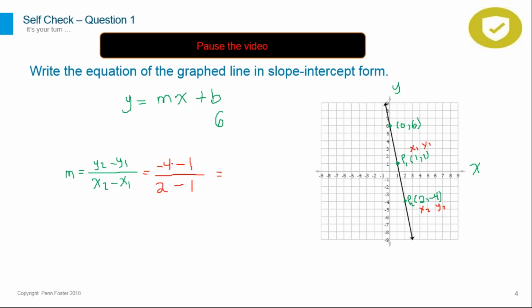Subtract: -4 minus 1. -4 minus 1 is not a 3. It is a -5. And then 2 minus 1, of course, is a 1. -5 over 1 is itself. So the slope is -5, and that is the value of m. So we can just write out the equation of that line as y equals -5x plus 6.